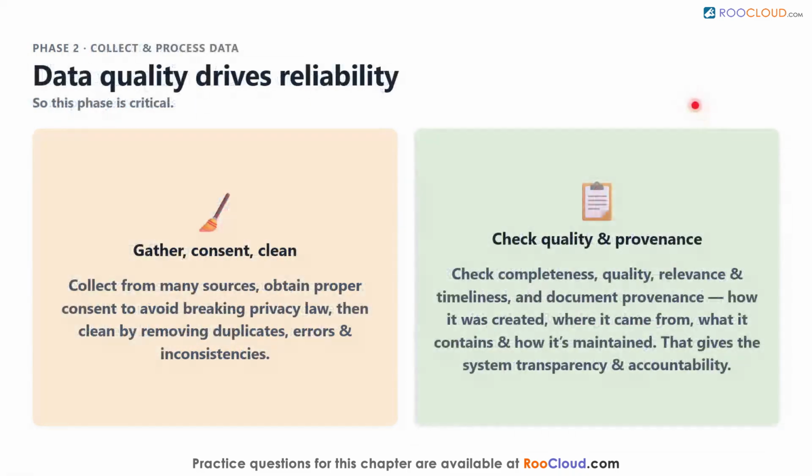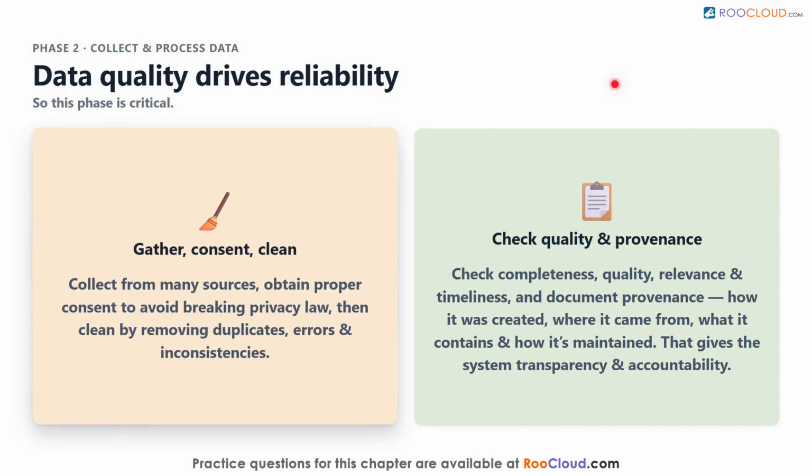The second phase is collect and process data, and since data quality directly drives a model's reliability, this is critical. It begins with gathering data from many sources, obtaining proper consent to avoid breaking privacy law, and then cleaning it by removing duplicates, errors, and inconsistencies.